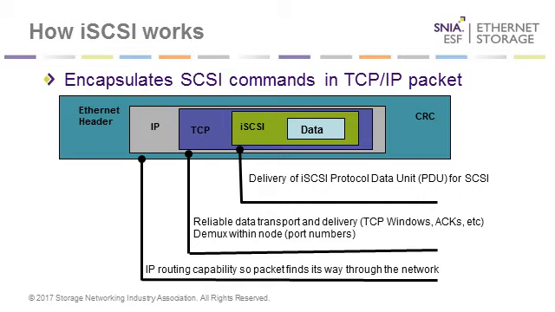So in other words, we've got TCP headers, and then we've got IP headers that allow us to route and make sure the packets can find their way through the network. And then if we're carrying it over Ethernet, we've got the whole thing wrapped up in an Ethernet header. So effectively, iSCSI is just the encapsulation of SCSI commands in some transport protocol, TCP/IP in this case. So a pretty simple concept, really, if you think about it. I mean, TCP/IP is pretty ubiquitous.